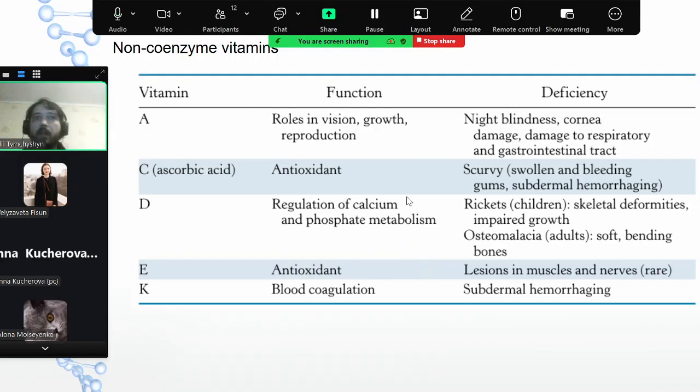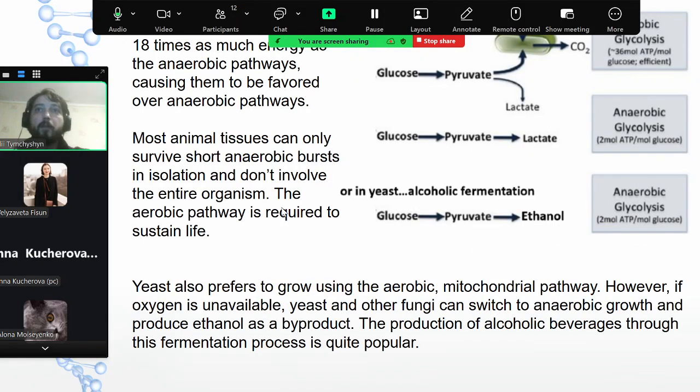look at these tables. Vitamin C is quite tricky. Basically, we have almost all the needed pathway to synthesize vitamin C on our own, except the last step. So the last step enzyme is broken. It's not a problem because we get a lot of it from different fruits and so on, so it doesn't trouble us in normal conditions.